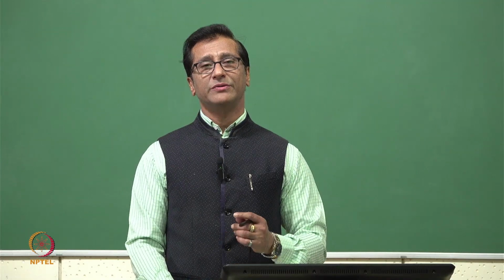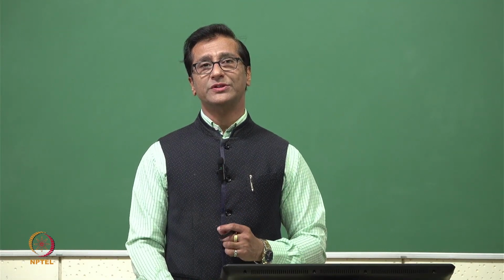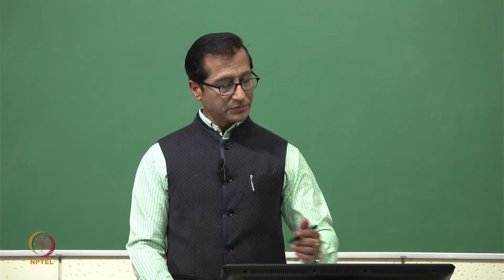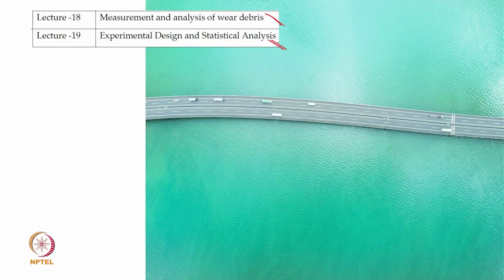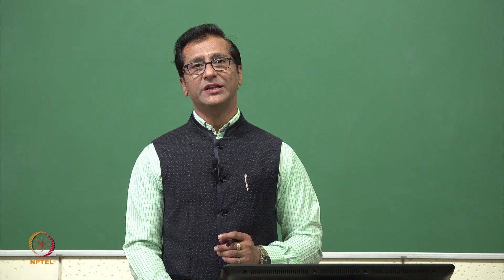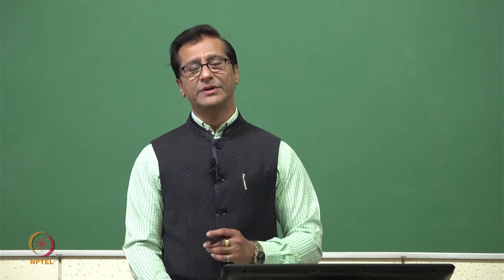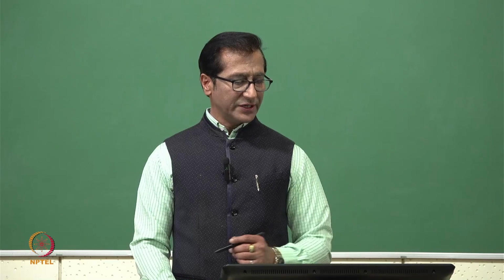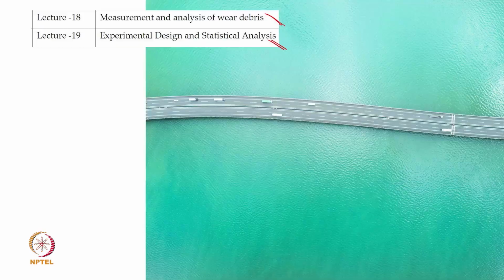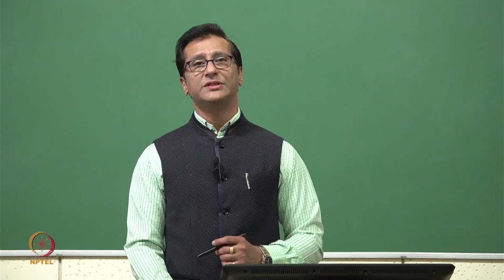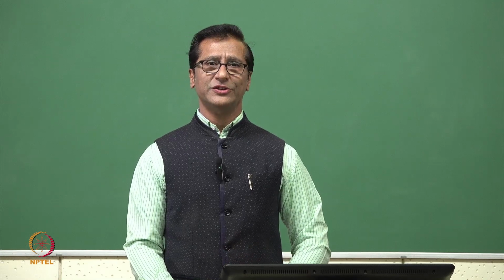The reason being, when particles get dislodged from a surface, they will come as wear debris. And how do we modify these experimental readings and make much more meaningful results out of what we are getting? That will be covered in lecture 19, experimental design and statistical analysis. With this I say thank you for attending this lecture. Thank you.